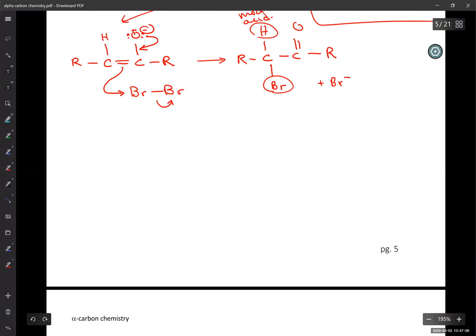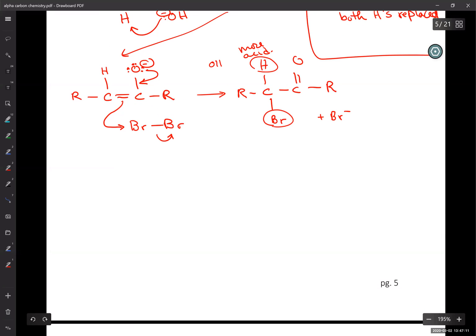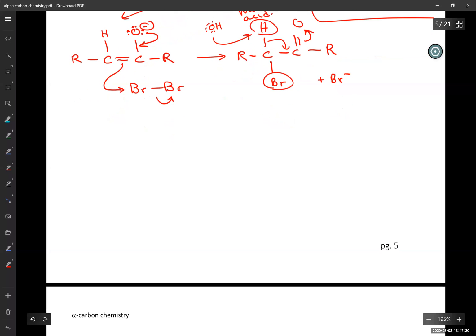So now you can bring the OH in, another base, attack, and form another enolate. You're going to end up with this enolate ion, and this can pick up a second bromine.